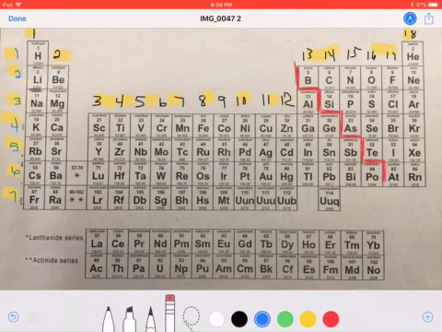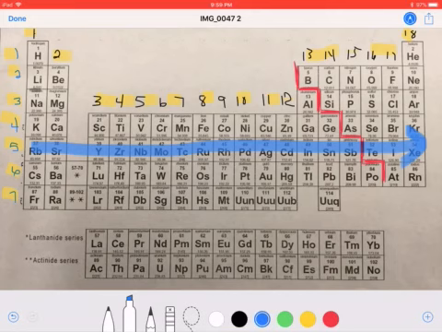If we're looking at the pattern in atomic size going across the periodic table in a specific period, it actually decreases. Now, that's not something that we would typically think about, but if we think about xenon over here on the right-hand side versus rubidium over on the left-hand side, both of those have 5 energy levels. However, rubidium only has 37 protons.